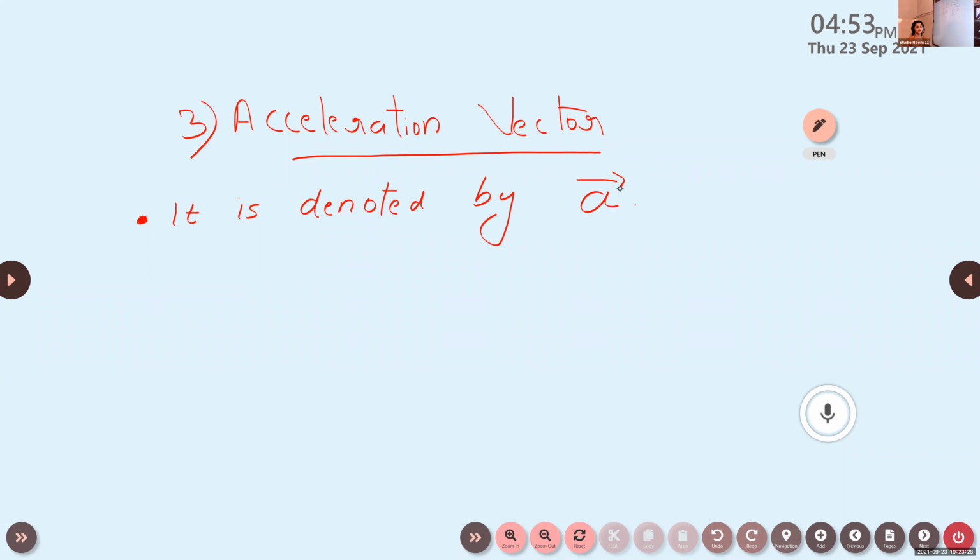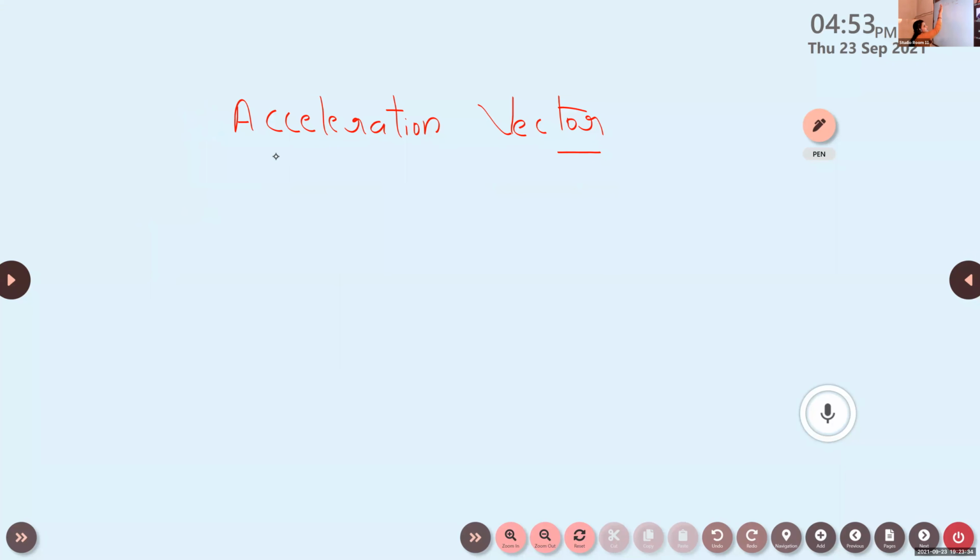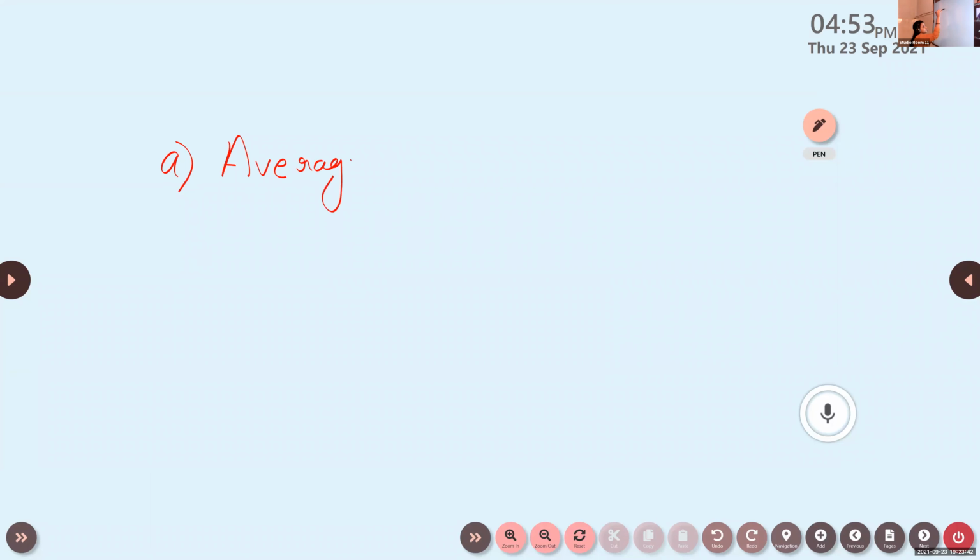Now write the first subheading that comes under the acceleration vector: average acceleration. Write the definition for average acceleration first.